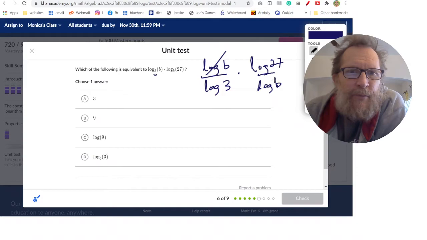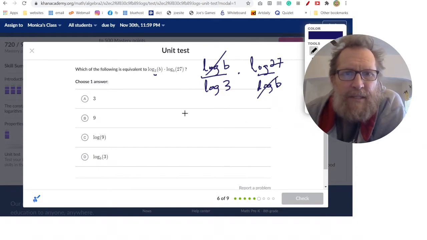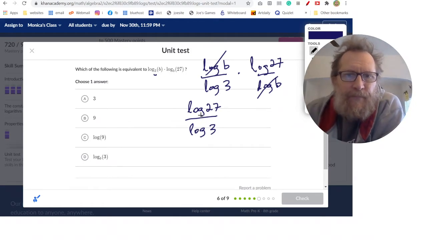Well, notice, boom, boom, right? So when I multiply this, I get log 27 over log 3. Now, if I've got this, let's write this in exponential form now.